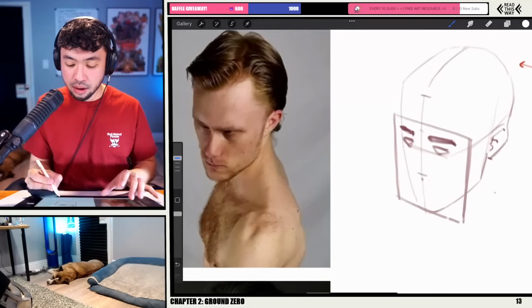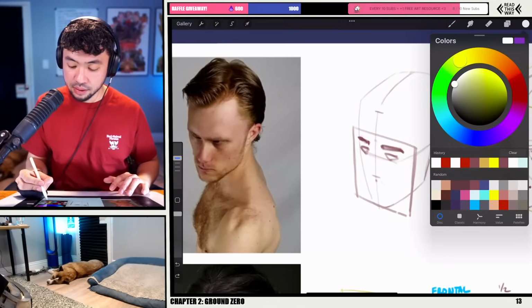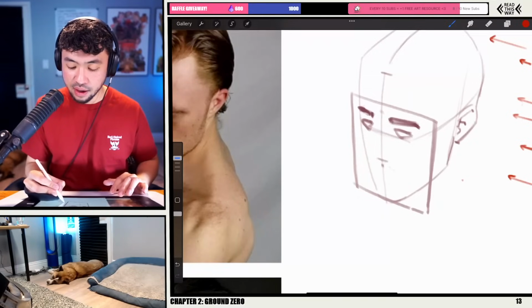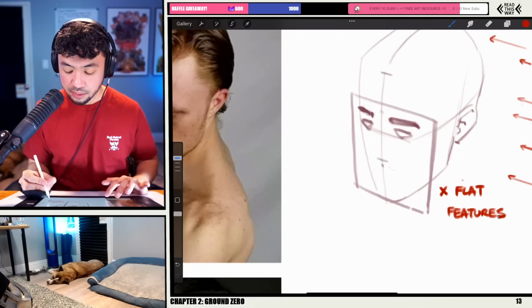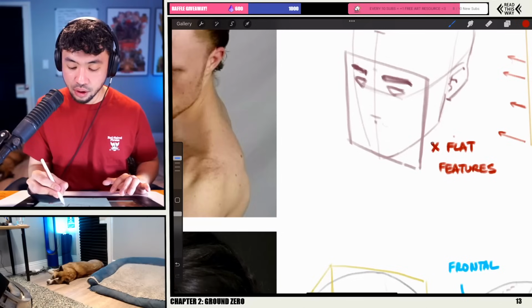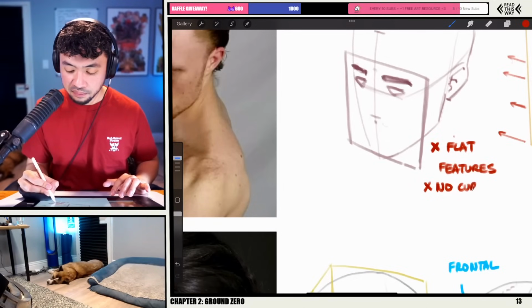So here, the big difference again is, I would say, don't do this, right? So this is flat features, right? There's no curving going on here. There's no overlaps.